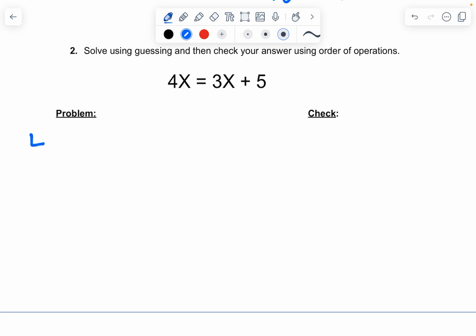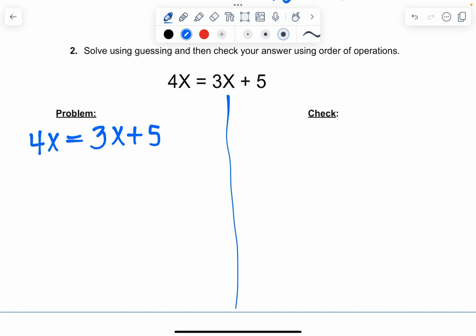So I've got 4x equals 3x plus 5. I'm going to expand it. The 4 in front of the x means there's going to be 4 x's, and the 3 in front of this x means there's going to be 3 x's on that side. So first of all, the 4: x plus x plus x plus x.